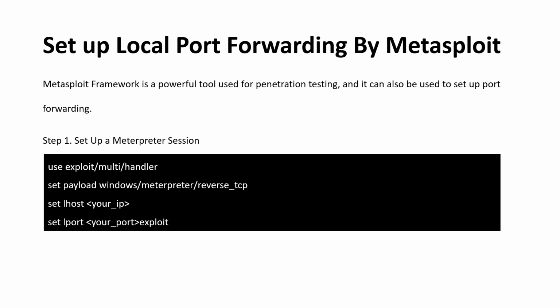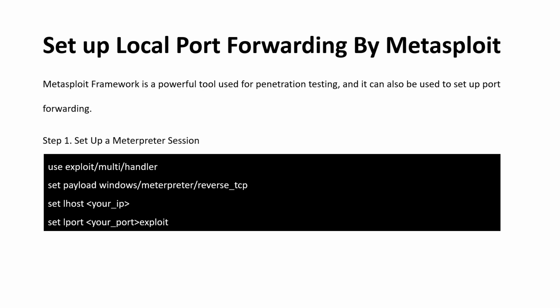First of all, we need to get the initial shell, and then we need to upgrade this normal shell to Metasploit, because Metasploit can provide more functions than a normal reverse shell. For example, we can use the Metasploit session to upload and download files, and many other functions. In this case, we can utilize the Metasploit session to set up the port forwarding.